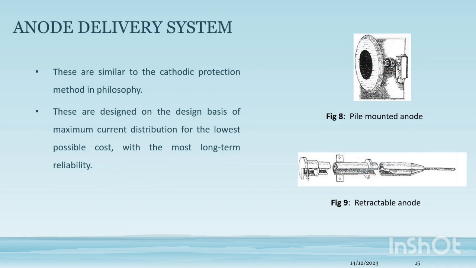Now, anode delivery system. These are similar to the cathodic protection method in philosophy. These are designed on the design basis of maximum current distribution for the lowest possible cost with the most long-term reliability.